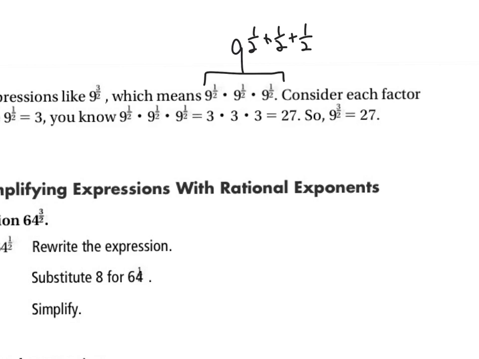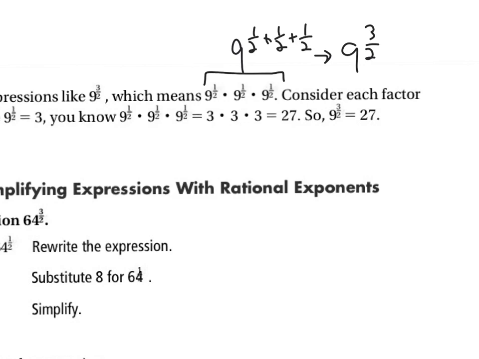So a 1/2 plus a 1/2 plus a 1/2 would be equal to 3/2. So the book's just saying, think about each part of this, and 9 to the 1/2 equals 3, so this would be like 3 times 3 times 3, which equals 27.